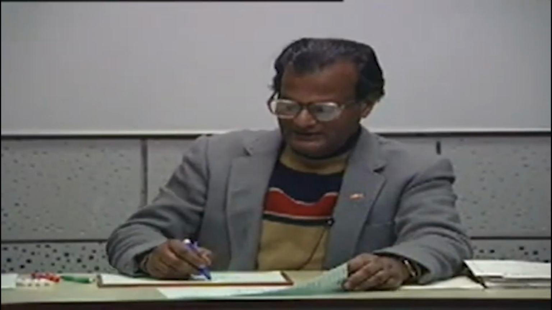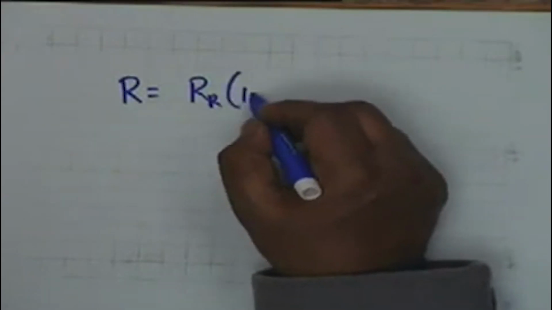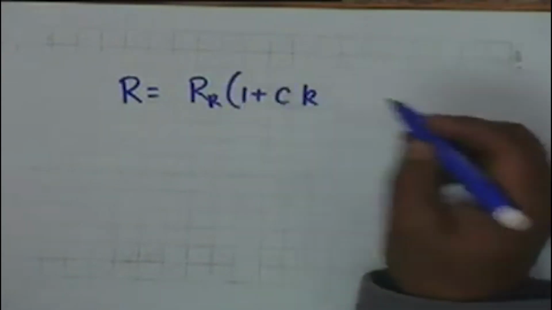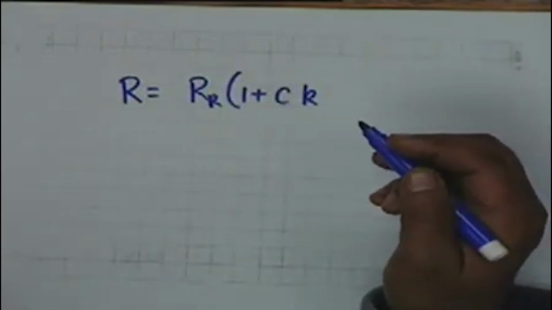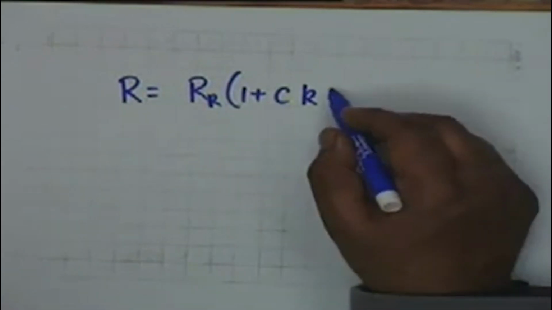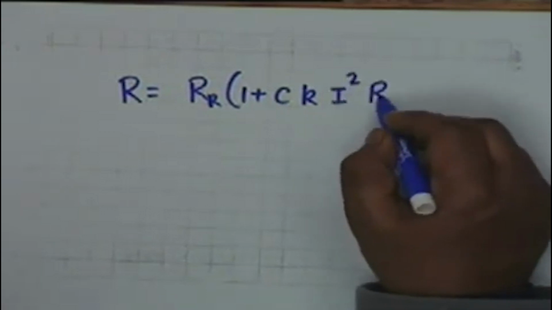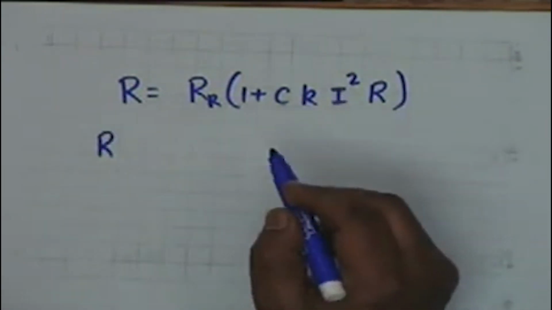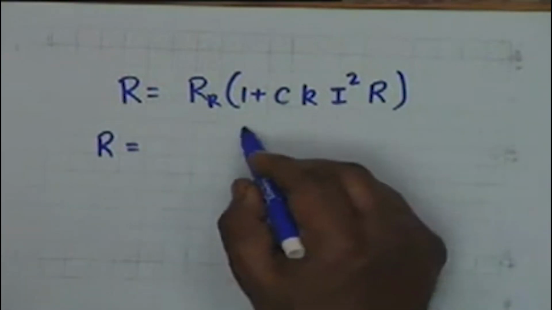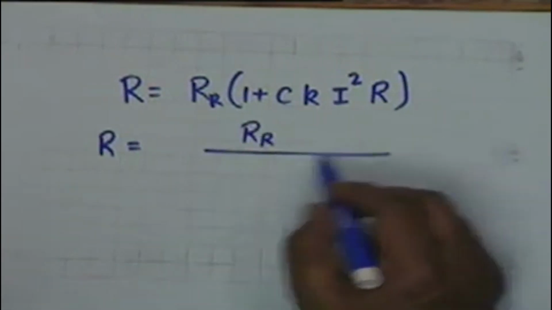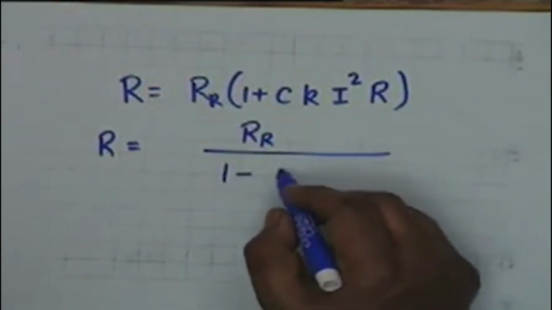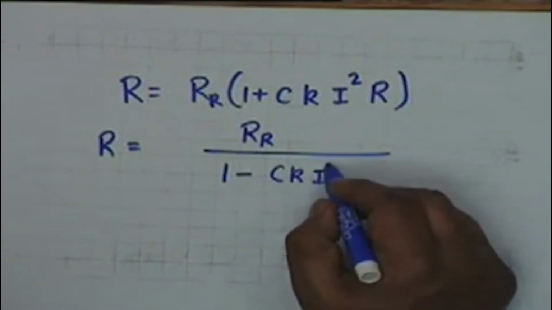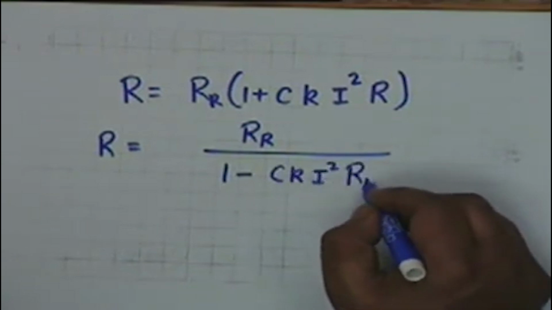Now you can see that capital R is equal to R_R (1 plus C K P). T is K P and P is I squared R, and therefore if I take this term to the left hand side, R becomes equal to R_R divided by (1 minus C K I squared R_R).